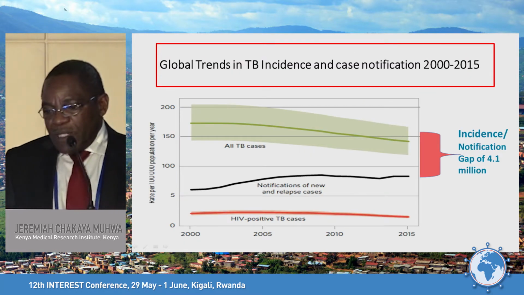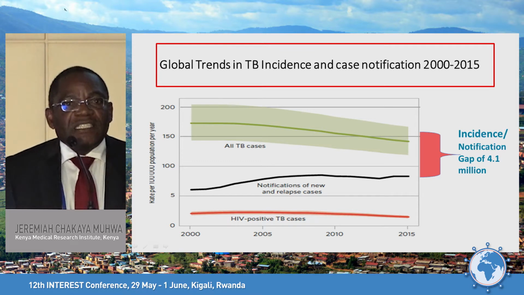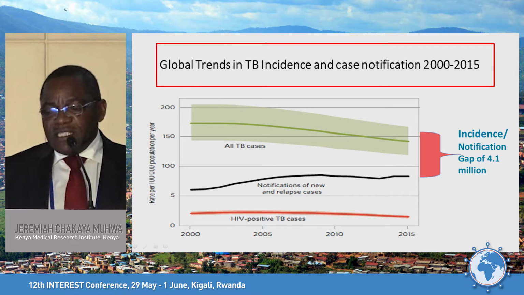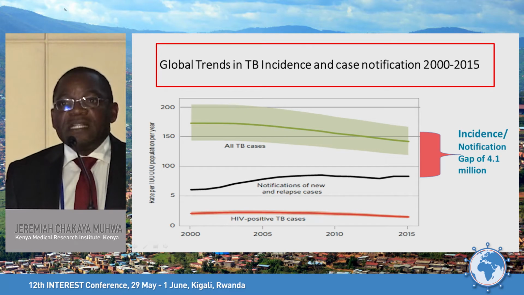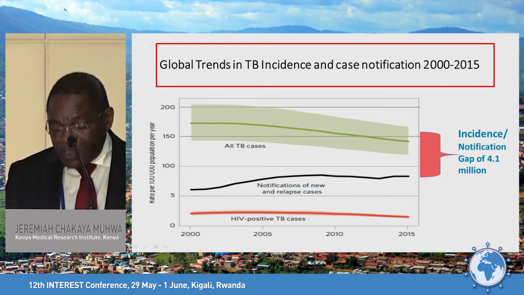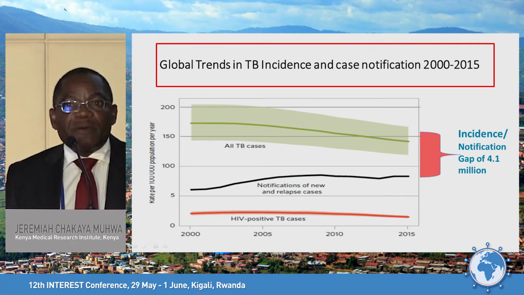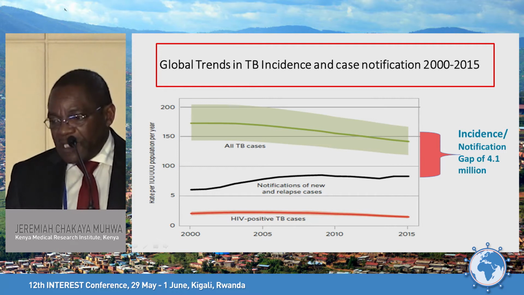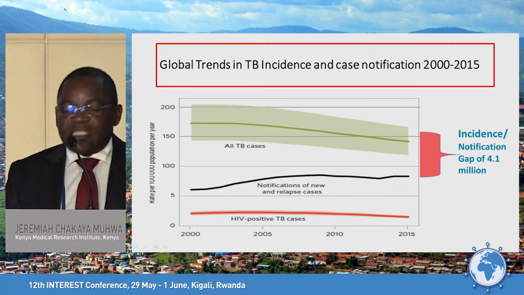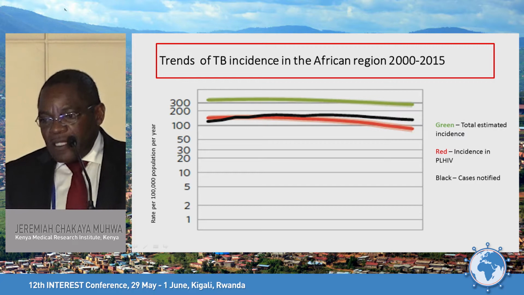Over the years, we have noticed a discrepancy between the estimated incidence of TB and the number of TB cases that are notified, with a gap of about 4.1 million cases that are called the missing cases of tuberculosis. In the African region, the situation is the same.